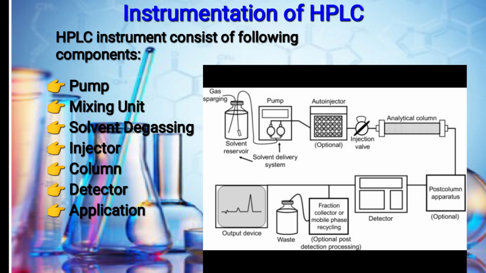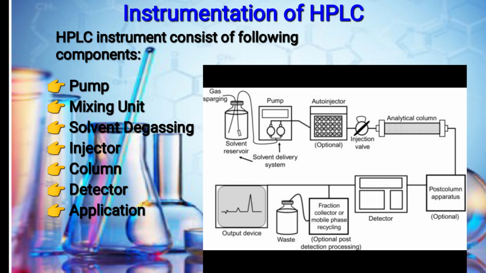Now coming to the second part, which is the degasser. Degasser is used to remove the gases dissolved in our mobile phase or in our solvent. So degassing is done by using a vacuum pump, which removes all the air or any types of gases present in our solvent, so it will give better separation.